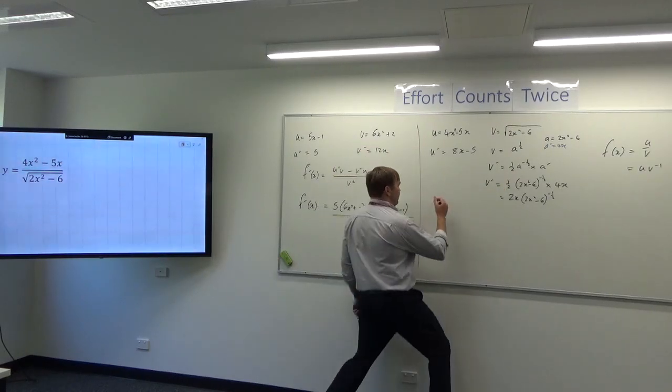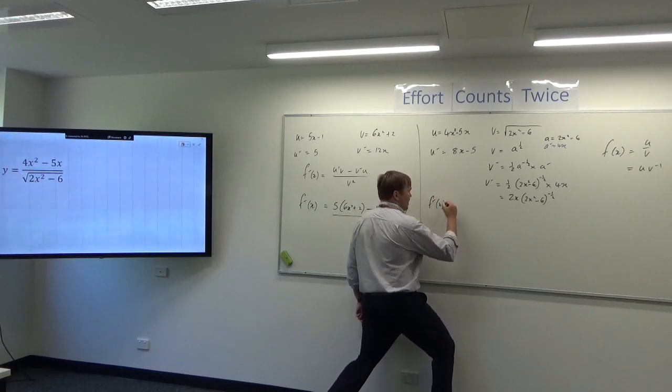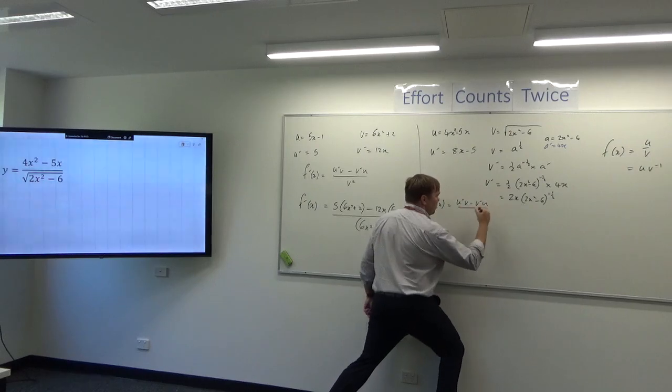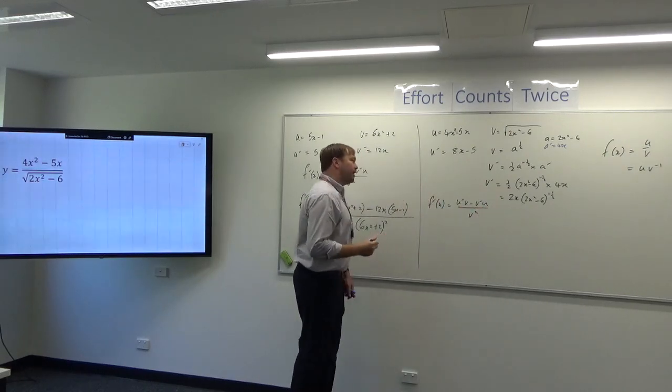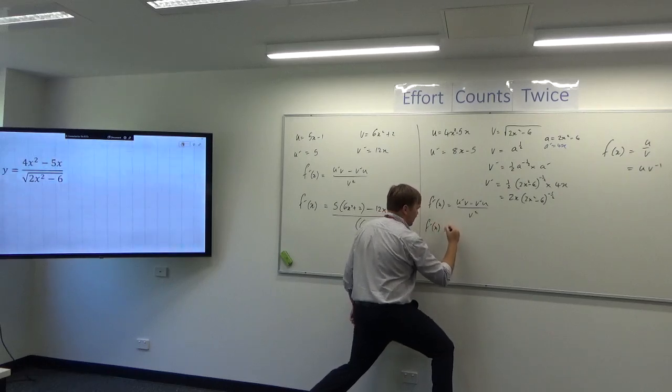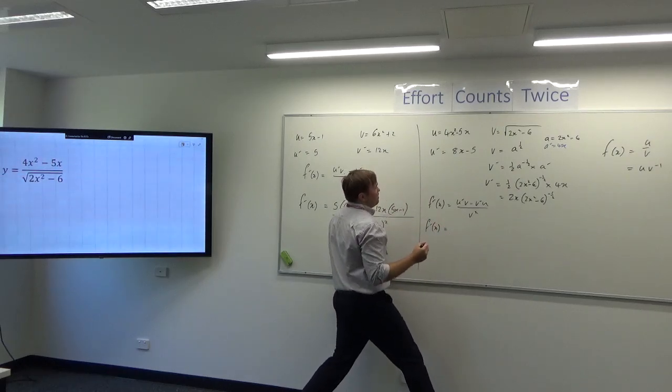Alright, then the setup, f dash x is u dash v, take v dash u, over v squared, and then sub in. I really hope I'm giving you enough space on the page for this.